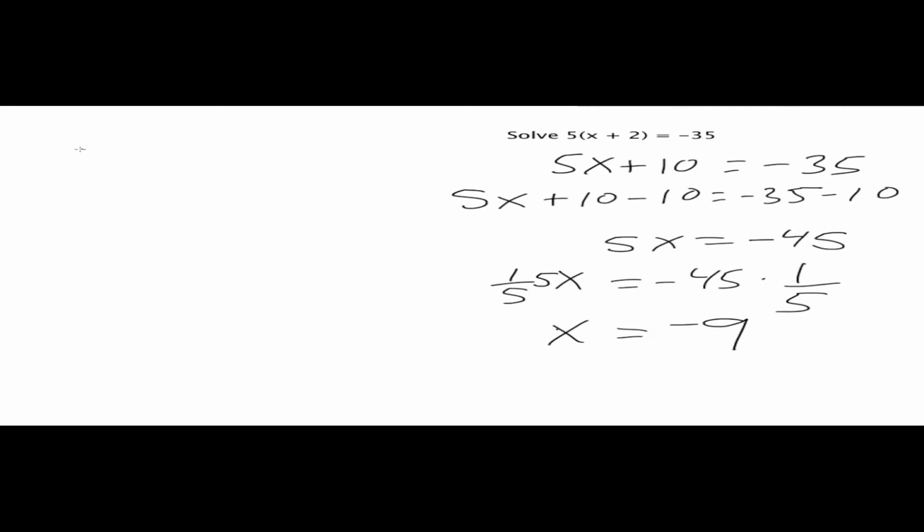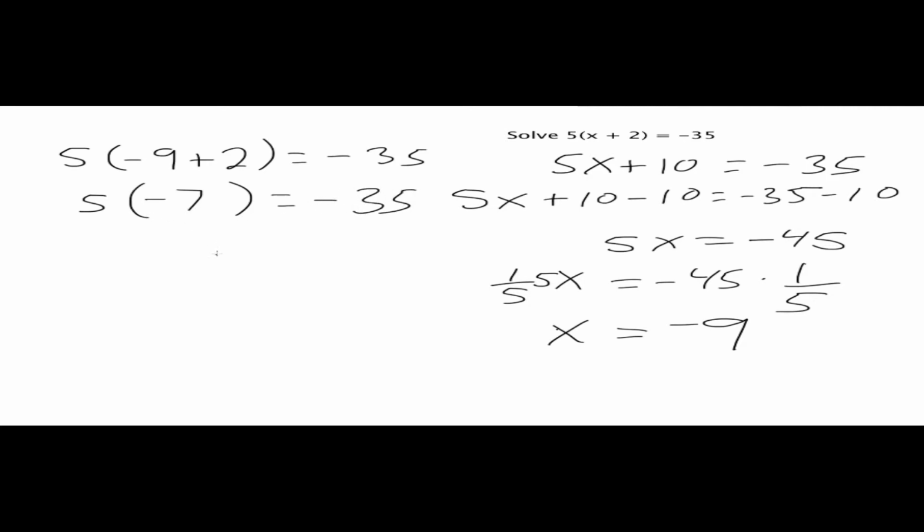Go back over. We try 5 times negative 9 plus 2 equals negative 35. Negative 9 plus 2 is negative 7. 5 times negative 7 equals negative 35. And indeed, 5 times negative 7 is negative 35, which equals negative 35. It checks. Here's our answer.